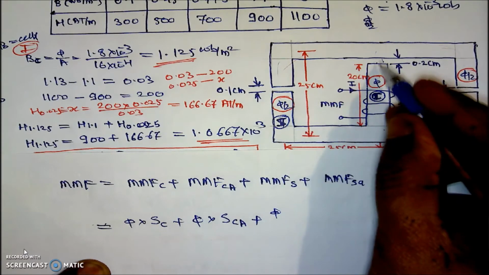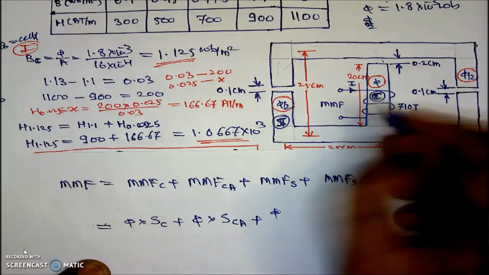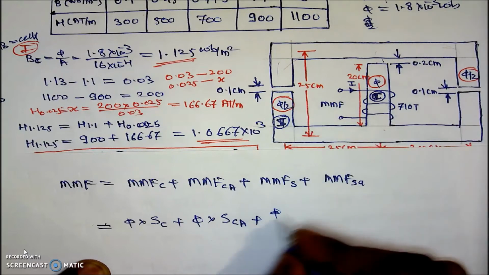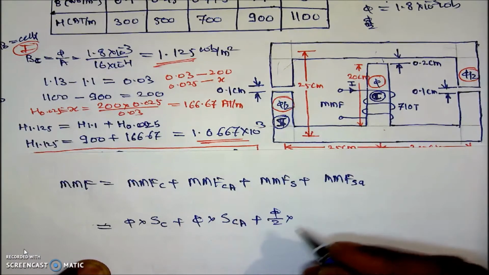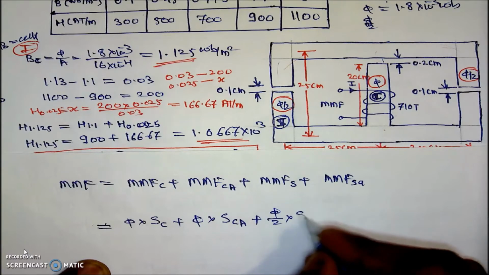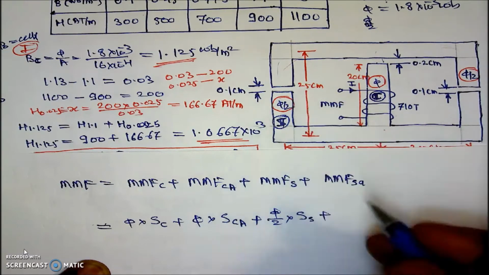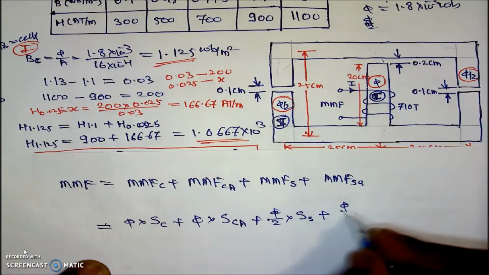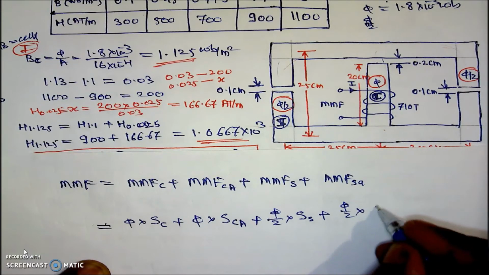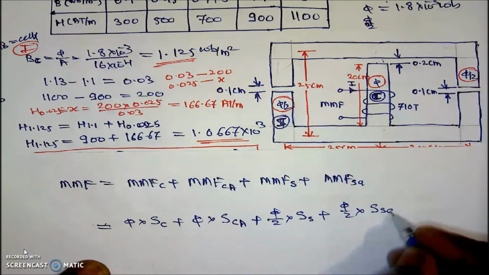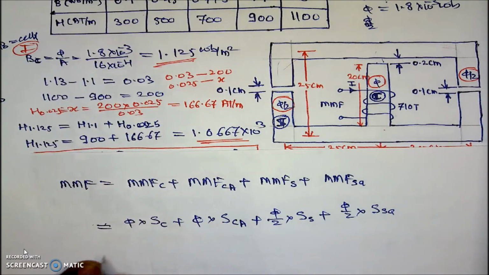Here the flux in this limb is given as phi, then the flux in the side limb will be phi by 2, so phi by 2 into the reluctance of the side limb, S of the side limb, plus again the flux in the side air gap is phi by 2, into the reluctance of the side air gap. This is the total value.